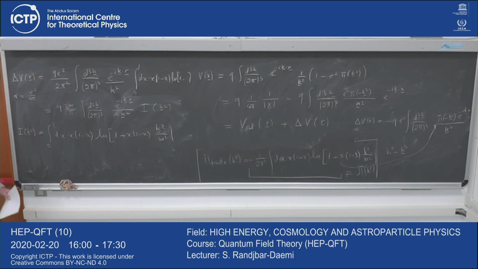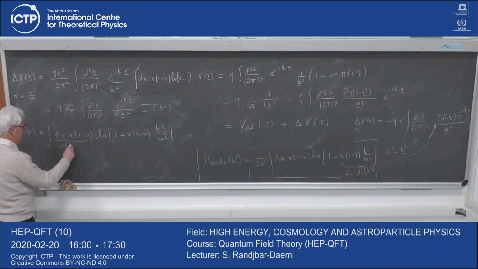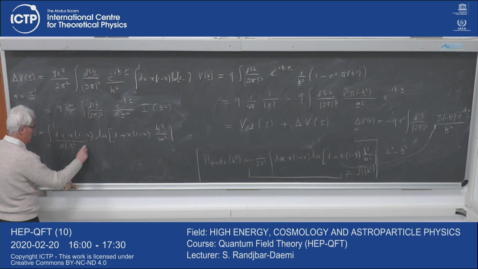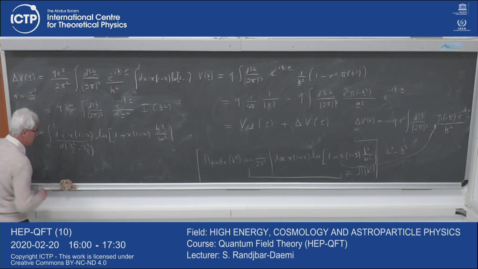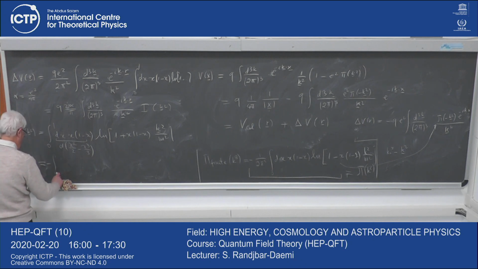To do this, we note that this is a total derivative. You can write this as x squared over 2 minus x cubed over 3, and do an integration by parts, which will change the sign.